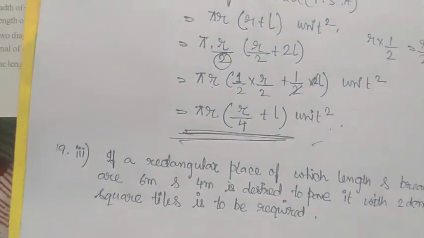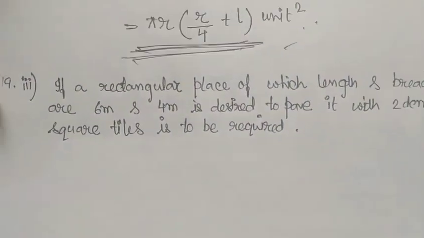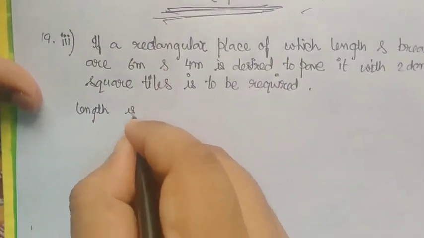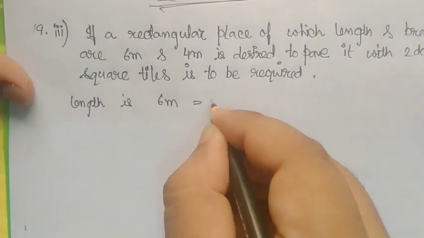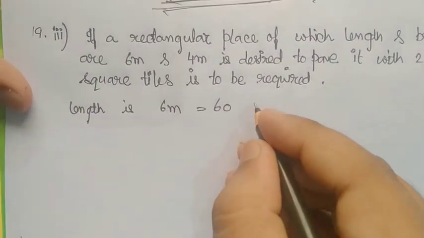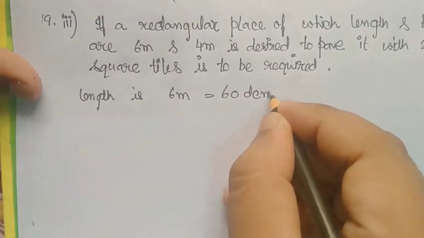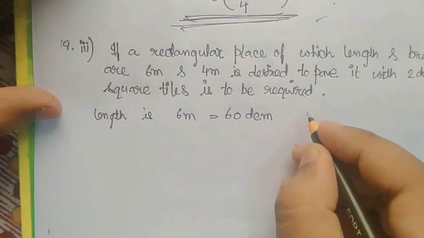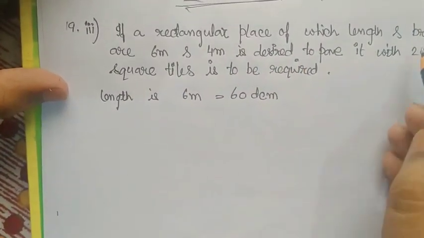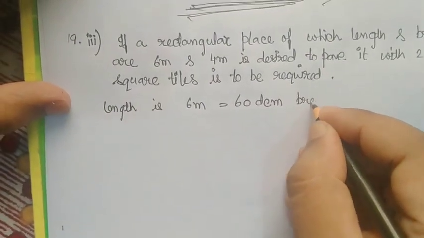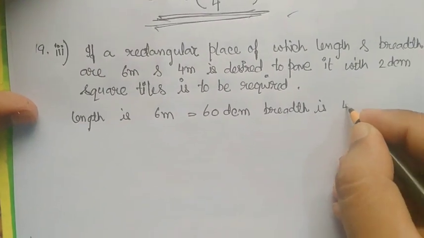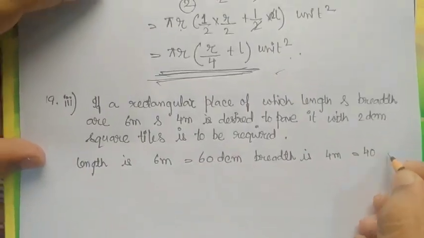So therefore, first we have to find the area of the rectangular place. So length is 6 meter, equal to 60 dcm, and breadth is 4 meter, means 40 dcm.